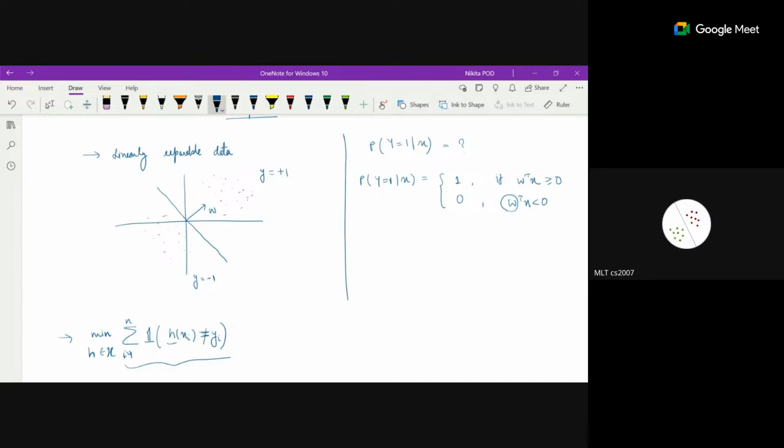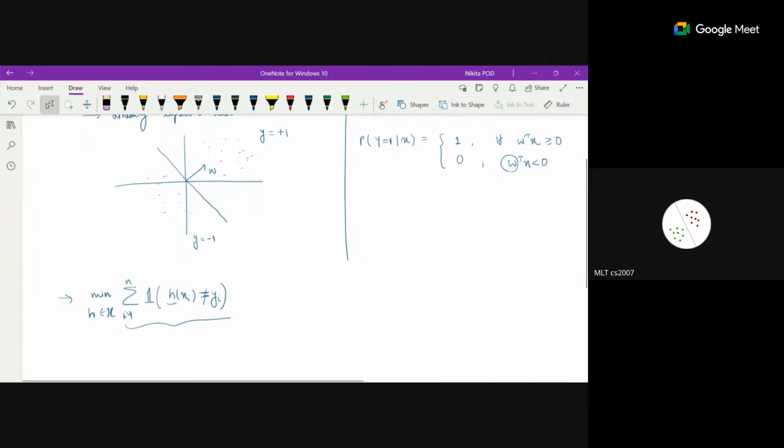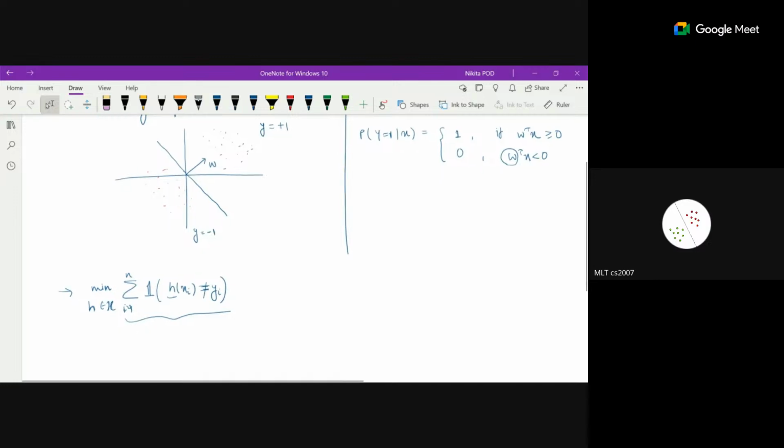So it is able to perfectly classify my dataset. If the perceptron makes this assumption, and there is some W which makes no error, then the minimum value it can take in this case should be zero.